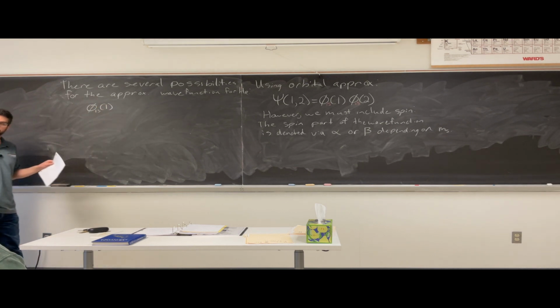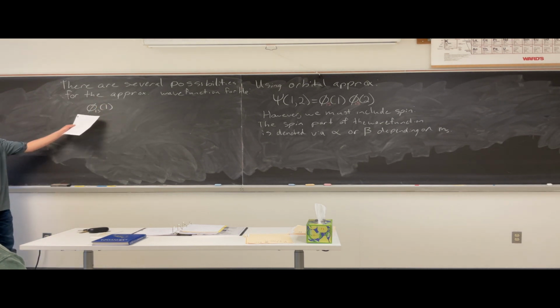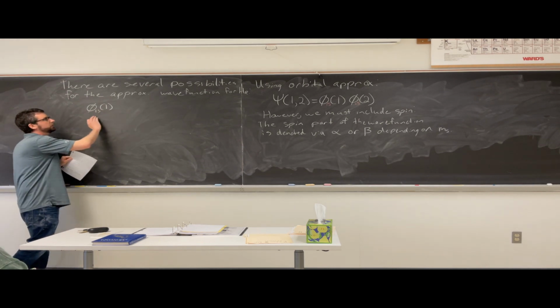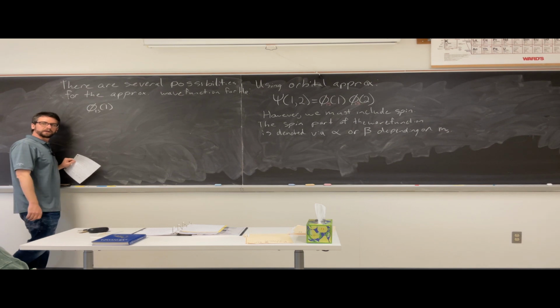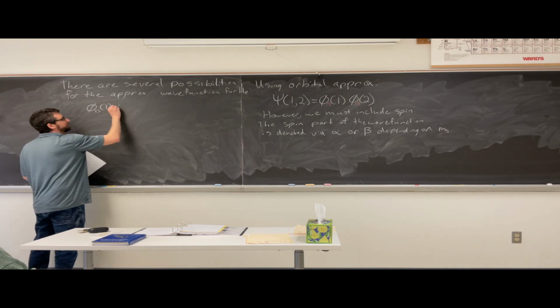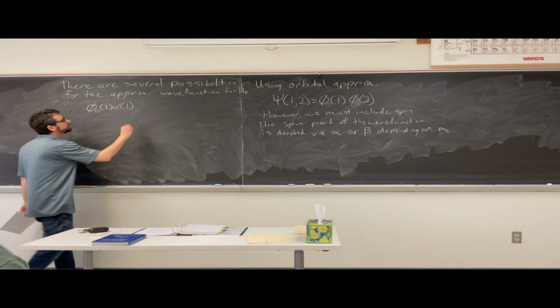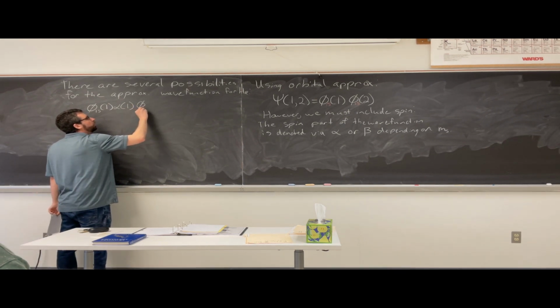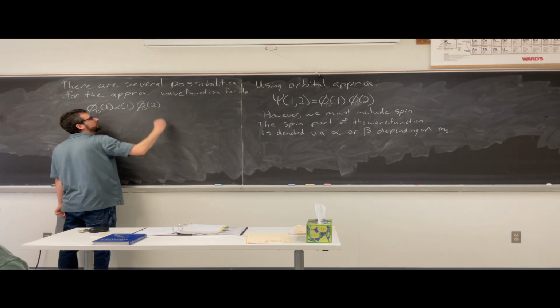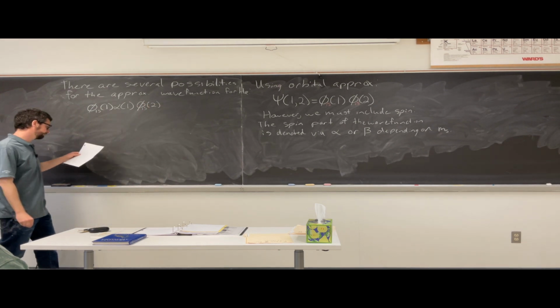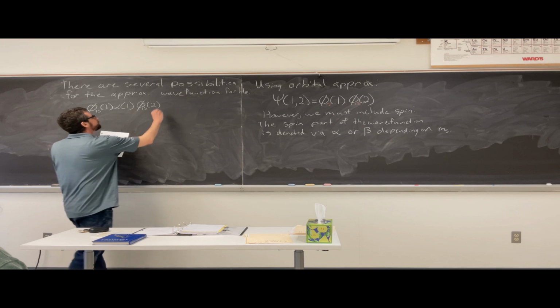Electron number 1's in that 1s. And then we typically have the spin orbital next to it. For the first electron, what spin do you want to give it? Alpha. I want alpha 2. So we do alpha 1 times 1s 2, and then what about the spin? Yep.